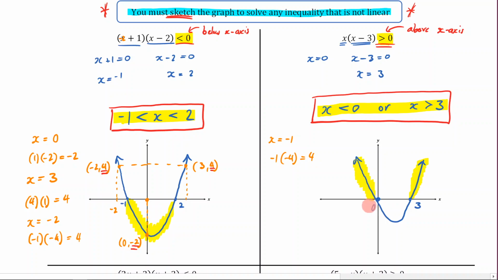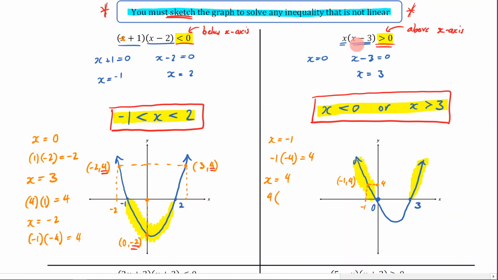And we can think about this graphically. If I'm over here, I'm getting a positive value out. So when I put in -1, I get 4 out. So too, if I put in a value greater than 3, I should get a positive value out as well. So if I put x is 4 into this, I'm going to get a 4 there.